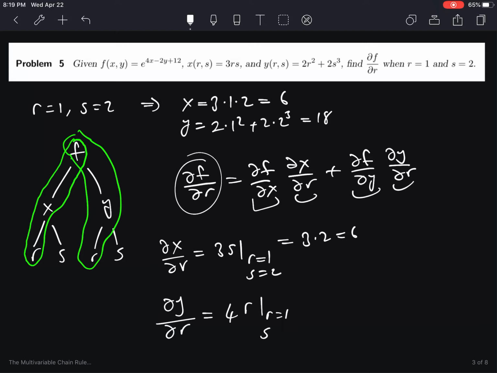When r is 1 and s equals 2, we get 4 times 1, which is 4. So now we know that this thing is 4 and this thing is 6, and we need to find these two. Let's keep this in mind and pass to the next page.